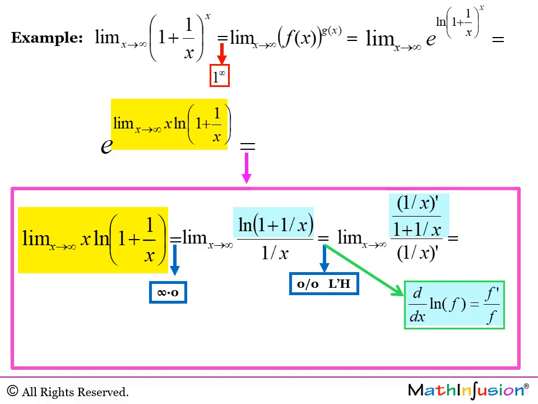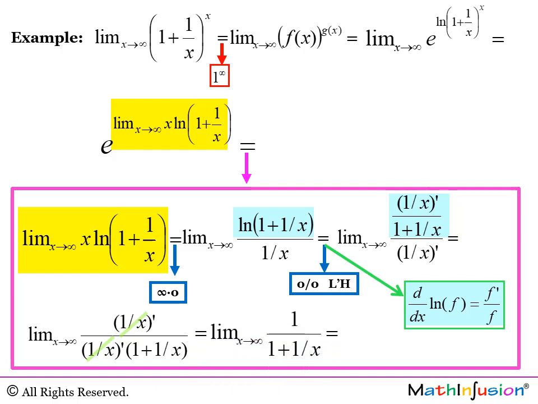So it is the derivative of 1 over x over 1 plus 1 over x, over the derivative of 1 over x. I simplify that. Now I can cancel that. You see, I even was lazy and I really didn't calculate the derivative of 1 over x because it cancelled out. And I get this.